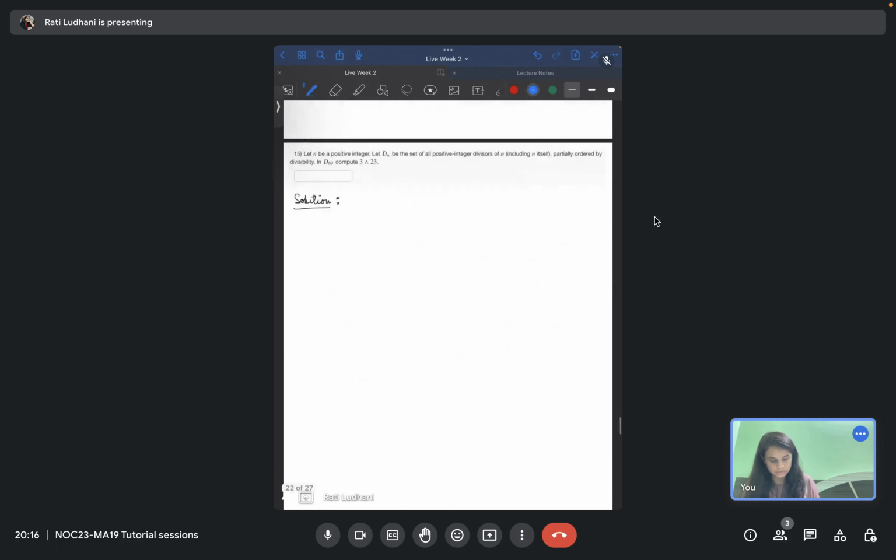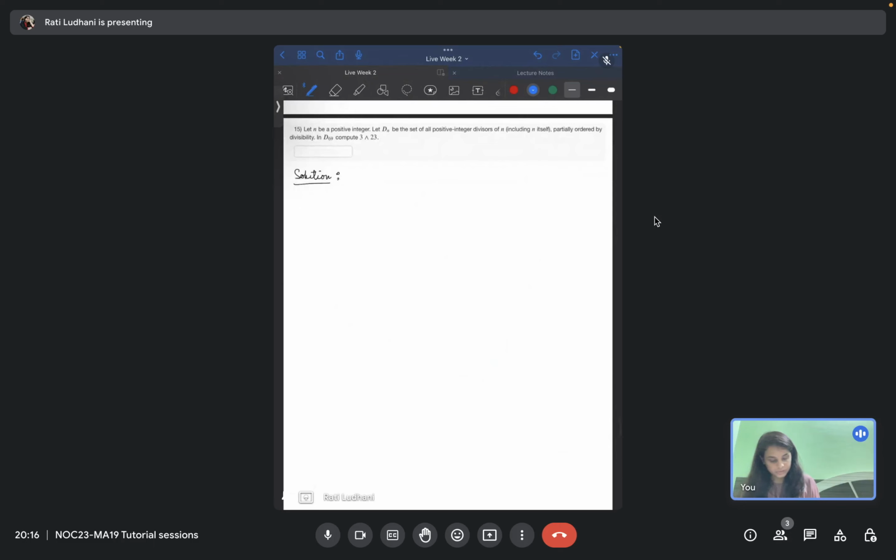Okay, very good. Now for Dn, remember the divisibility thing. For D69 you have 3 join 23. As I said earlier, it's like you are calculating GCD. So there is 3, there is 23. What is coming lower than that? That is going to be 1, because 3 and 23 are prime numbers.